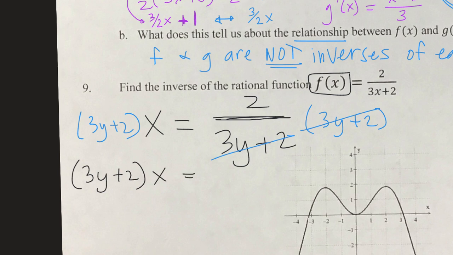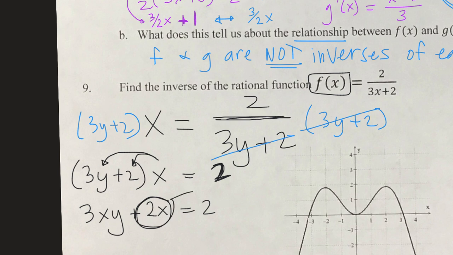And there are two ways, so you have to make a choice. What do you want to do with this parentheses? So one choice is distribute. The other choice is divide. Now in this case, distributing is easier. I'll show you divide in a second. So 3xy plus 2x equals 2.